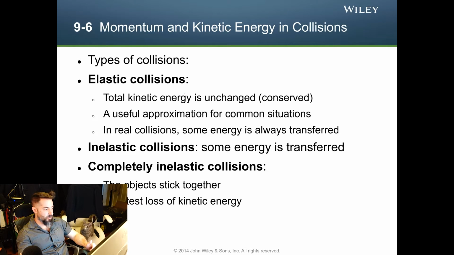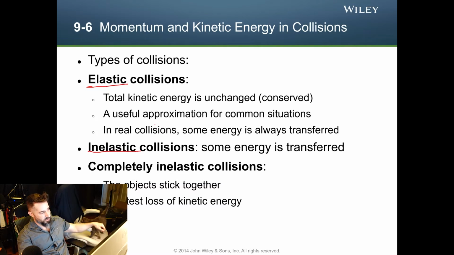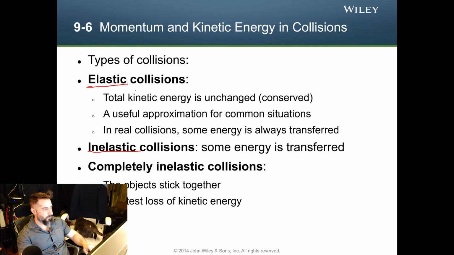Okay, so we get into these two types of collisions. You have elastic and inelastic, right? These are the two types of collisions. For the elastic collision, again, this is important here. We're dealing with book problems and ideal situations, which are not real situations.